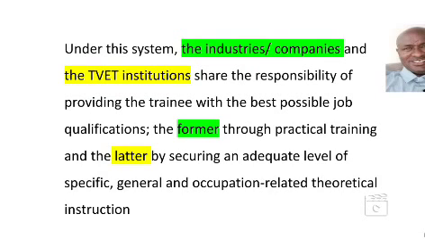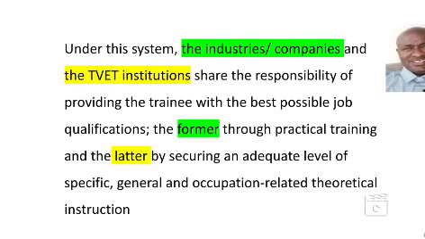Look, the industry and the training institute have commonality. In industry, you can get practitioners, those people who work practically. In training institutes, you can get the teachers and trainers, those who are knowledgeable with theory.